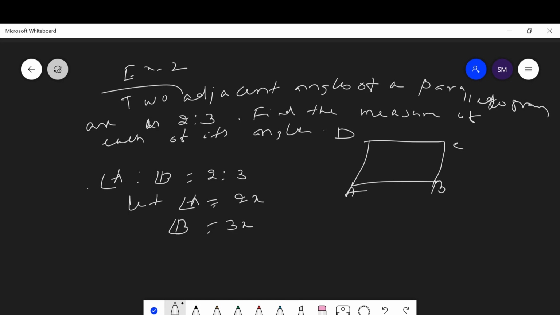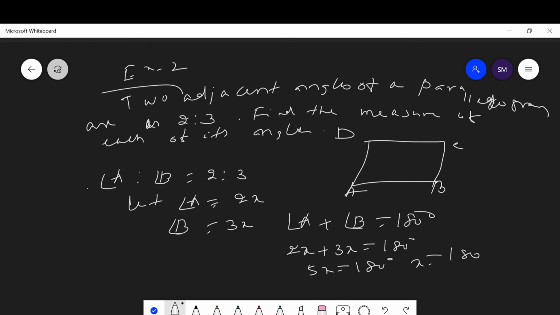Then according to the properties of parallelograms, angle A plus angle B is equal to 180 degrees. This shows that 2x plus 3x is equal to 180 degrees, 5x is equal to 180 degrees, x is equal to 180 upon 5, which is 36 degrees.